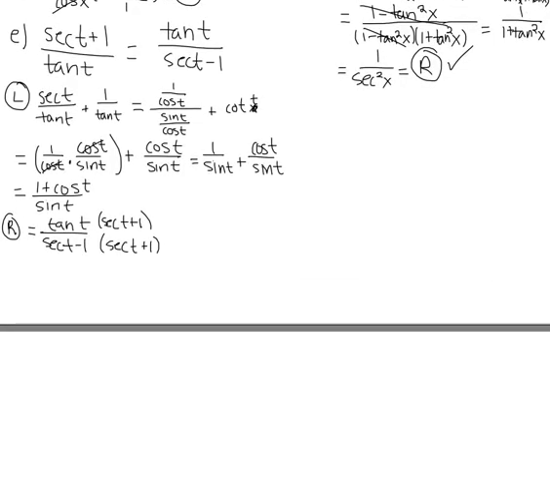Because then we're not changing the value. So this over itself is equal to 1. So we're going to multiply by this. And so then that gives me on the top tangent t secant t plus tangent t.